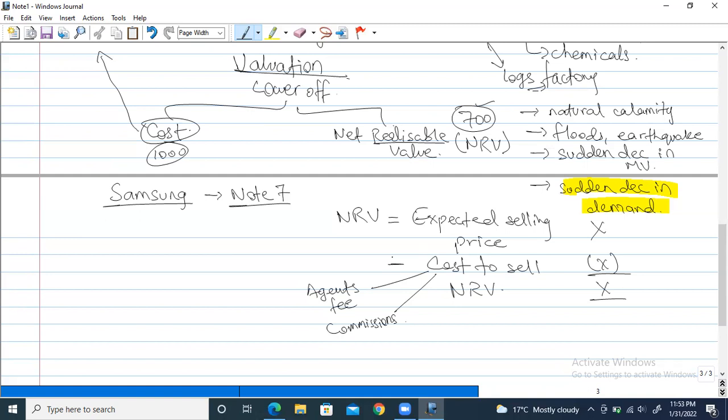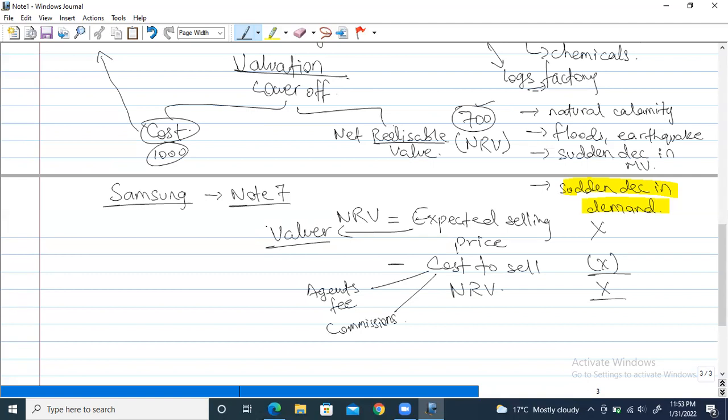And expected selling price, how will we get this? This will be whenever a valuer does the calculation. So there are many expert valuers sitting in the market, right? They have expert knowledge of every area. Like there are experts for the coal mines, the gold mines, the silver mines, right? The mountain resources that we have, and obviously of the mobile phones as well, different kinds of things. So these valuers have the best knowledge. That's why they give the expected selling price.